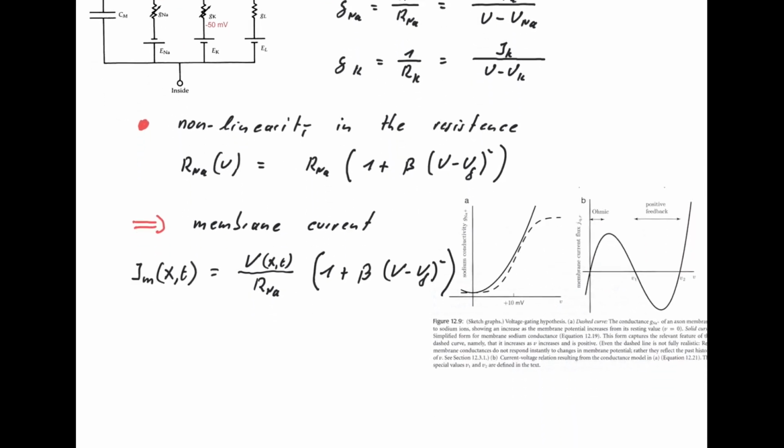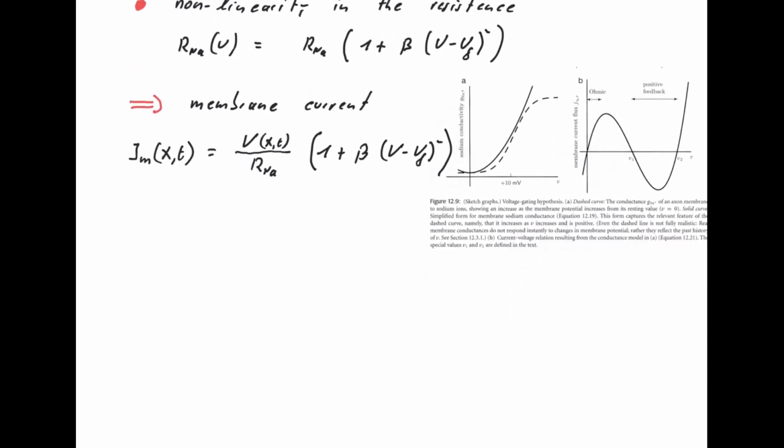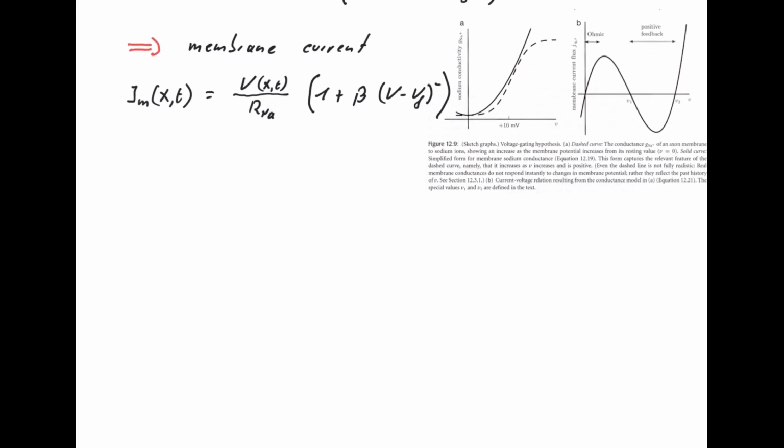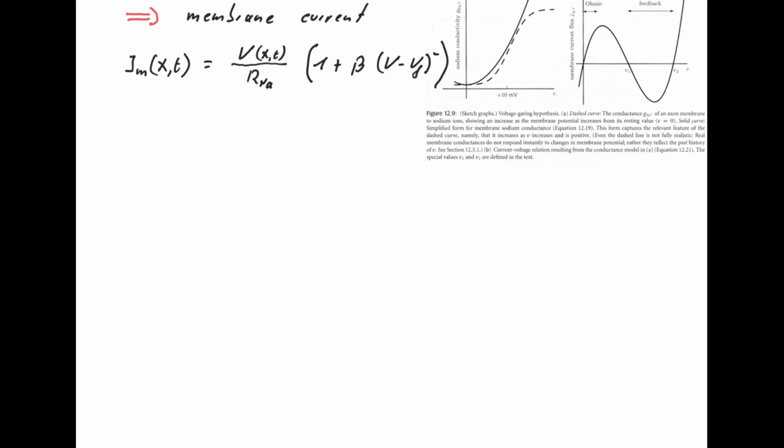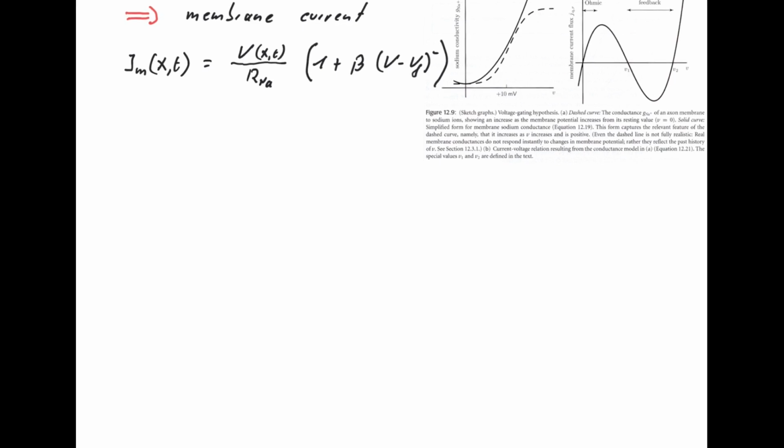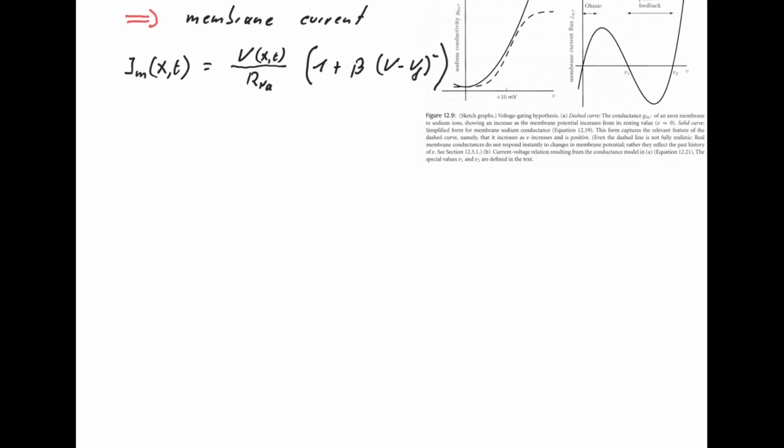Now this description we now take and plunge into the linear cable equation. The linear cable equation was basically the equation given by considering the different currents flowing along the axon and through the membrane.